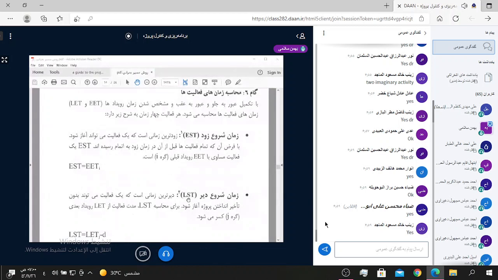LS, late start, means the latest time an activity can start.